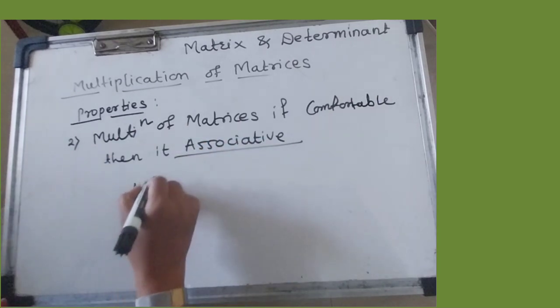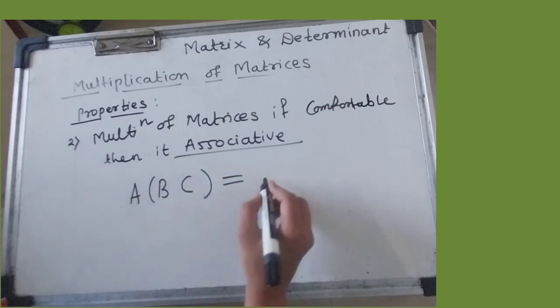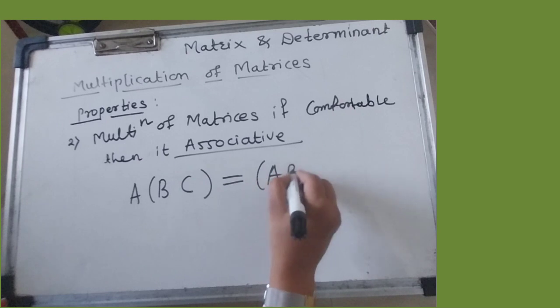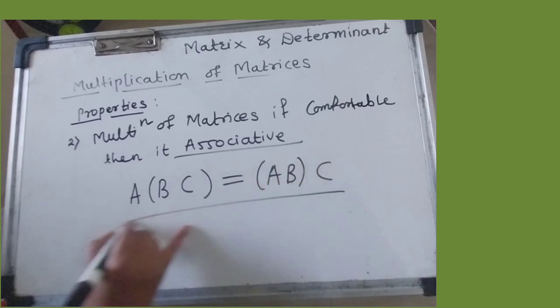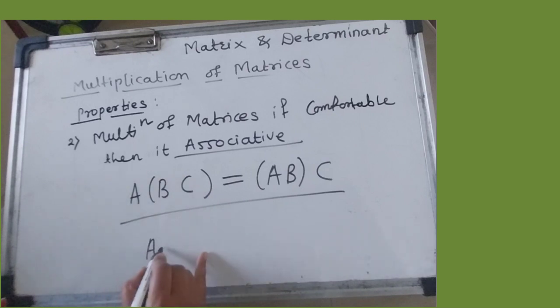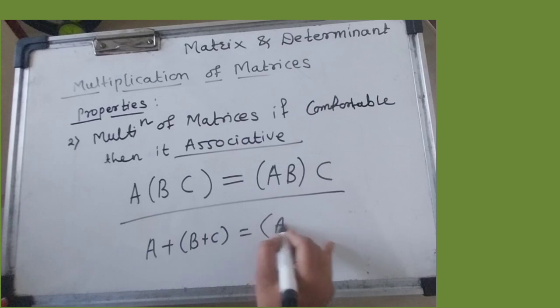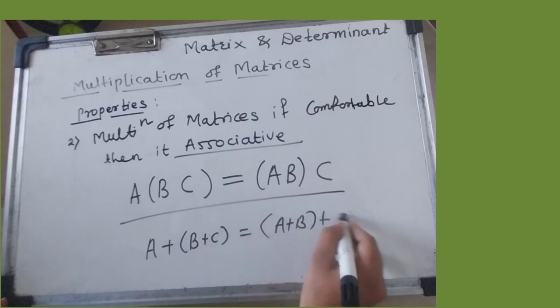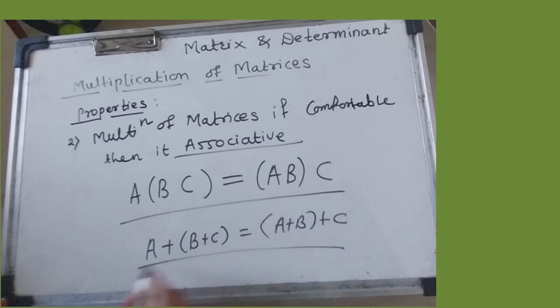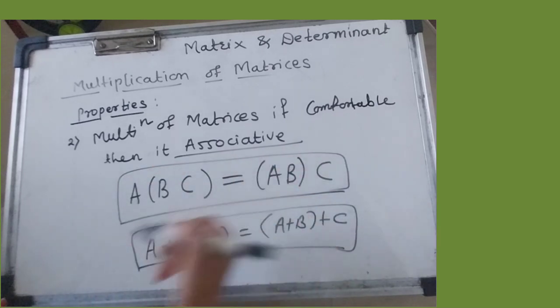It is (AB)C equal to A(BC). They are equal. Okay. In the addition, we already saw this, (A plus B) plus C. We can write like this. This is the associative law for addition and this is the associative law for multiplication.